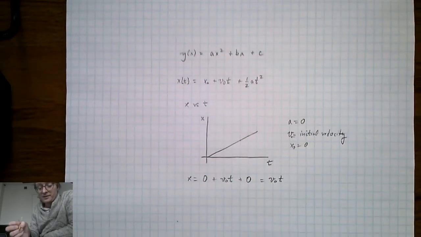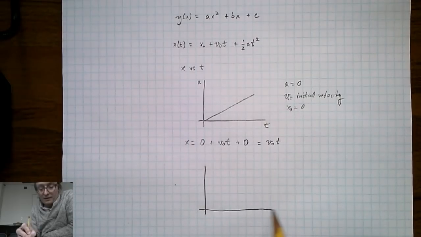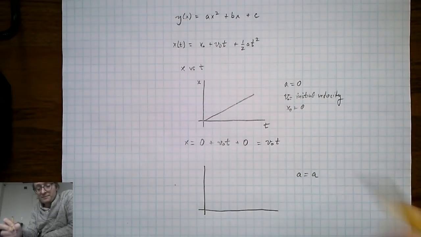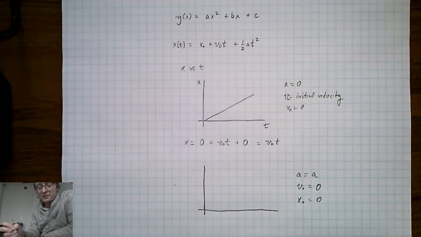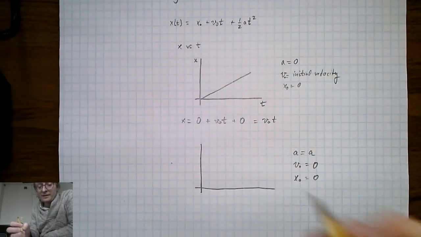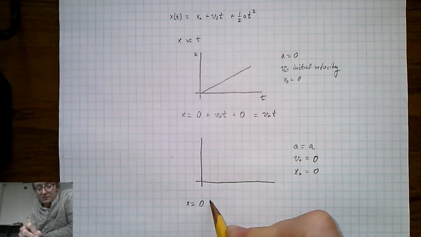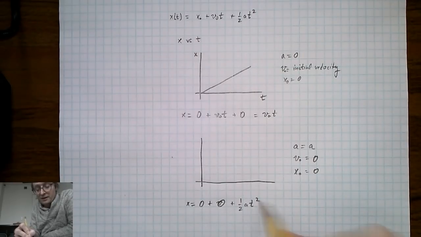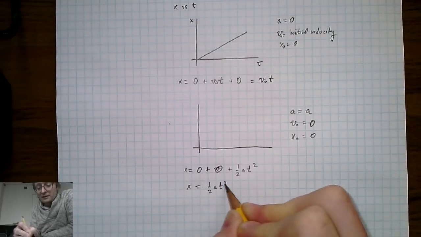Another situation that I could imagine would be one where maybe I had a non-zero acceleration. So let's say acceleration equals a. The initial velocity, now let's call that equal to 0, and the initial position is equal to 0. If I substitute all of these into the equation of motion, then I get something that looks like this. x equals 0 plus 0 plus 1/2 at squared, which simplifies to x equals 1/2 at squared.